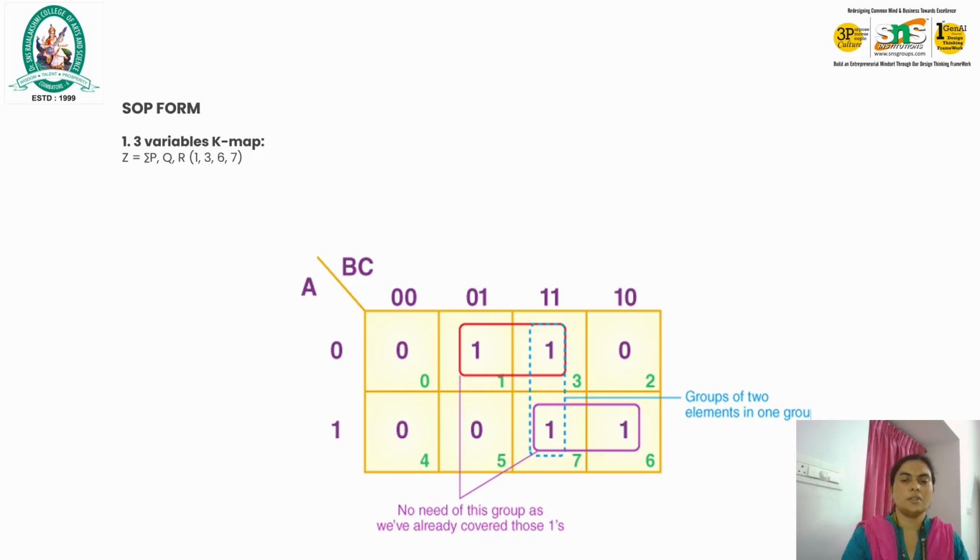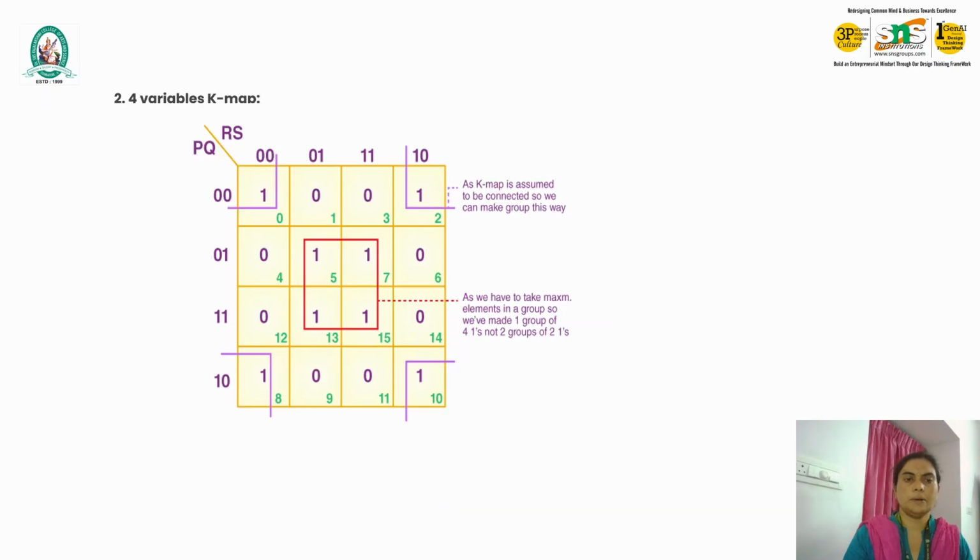We place 3 and 2, and downwards 1 and 0. Finally, the 1, 3, 6, 7 places are filled with ones, and this is how the grouping is done. So this is SOP for the 3 variable K-map.